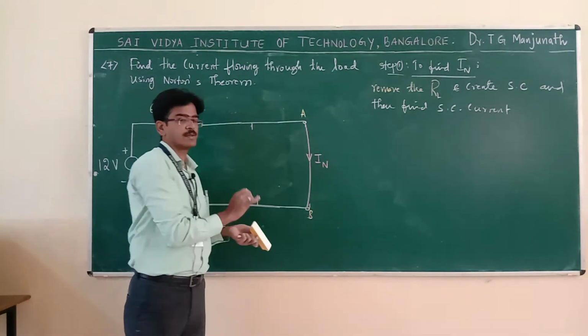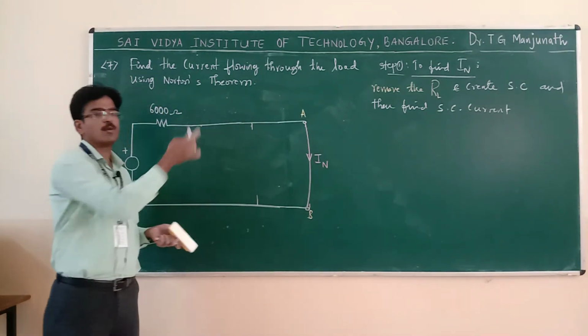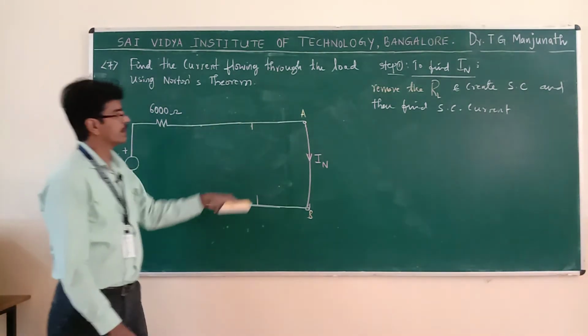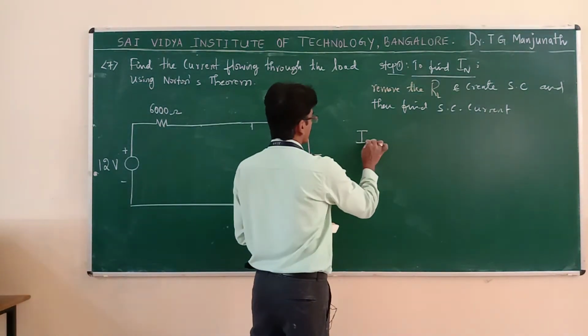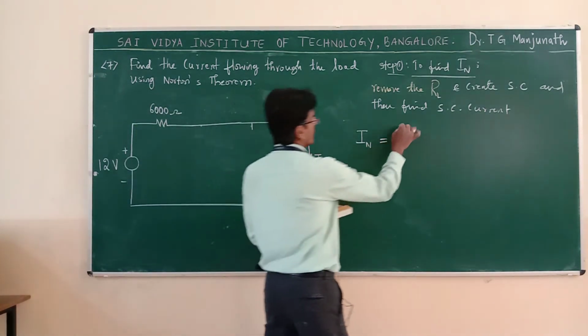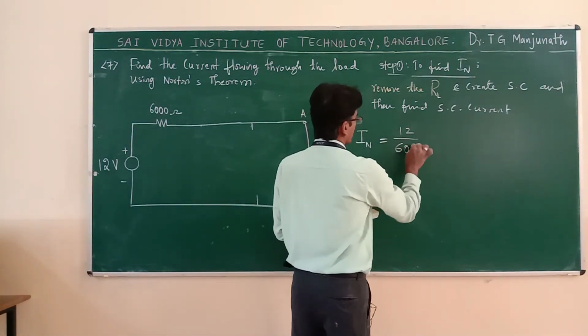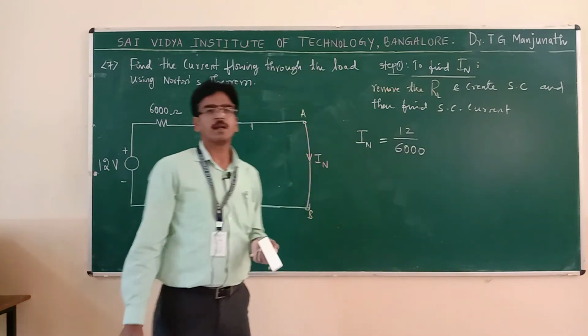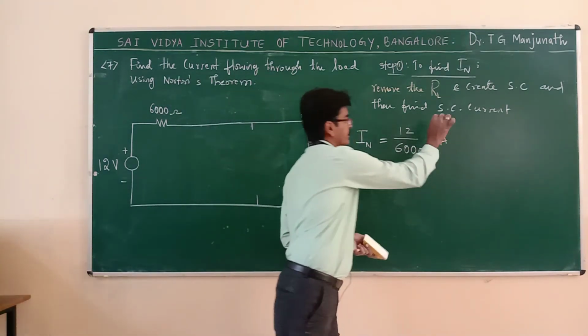I want this current. So, it becomes a single loop network, and I can write directly the short circuit current IN is equal to what? That is 12 by 6000. 12 by 6000 is your current IN.